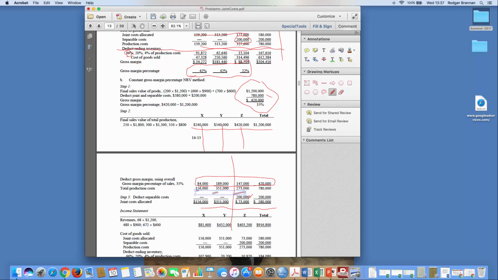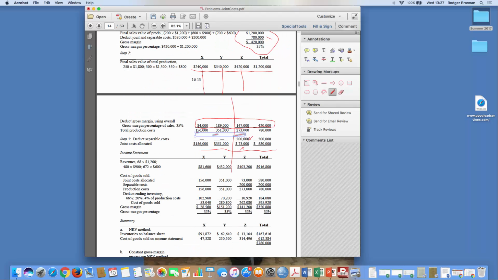The total cost here, 156, 351, and total cost of 273, of which 73,000 would be joint cost for product Z. Now, what I'm doing here is creating the income statement. I could take the 156, 351, 273, divided by the total production, and come up with the cost per unit, however you want to do that.